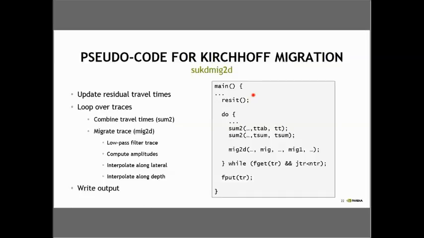And this can actually take quite a bit of time on bigger data sets. For our particular case, it was less time. Then you go through this giant do-while loop, and in that do-while loop, you're calling a function called sum2, which is combining these travel time tables, updating them, getting random locations of energy and adding those together. So there's a lot of random I/O from a memory perspective.